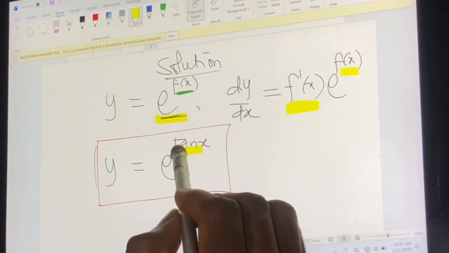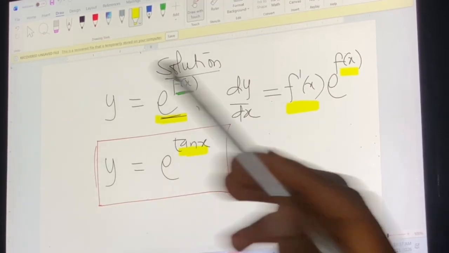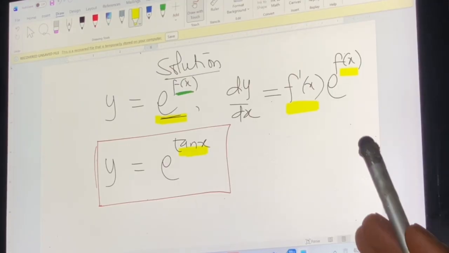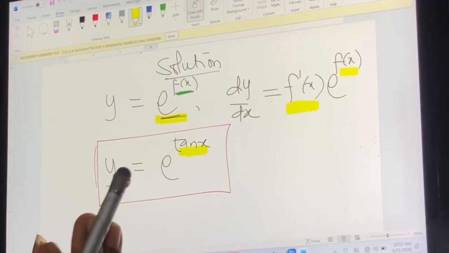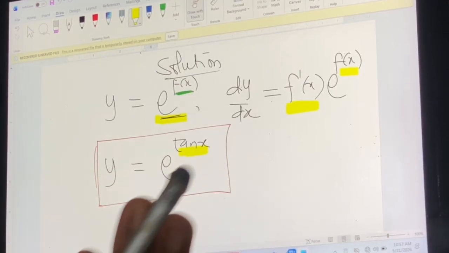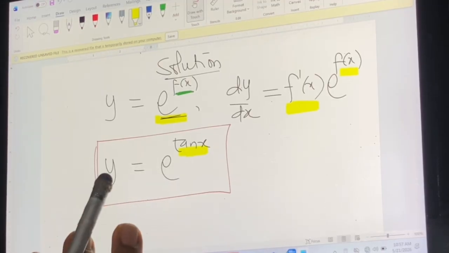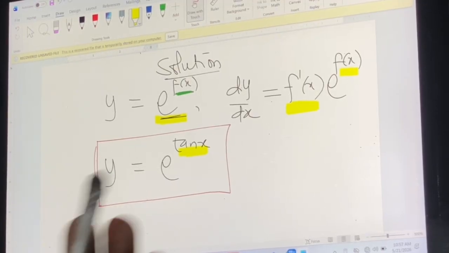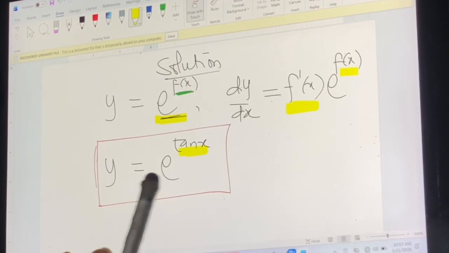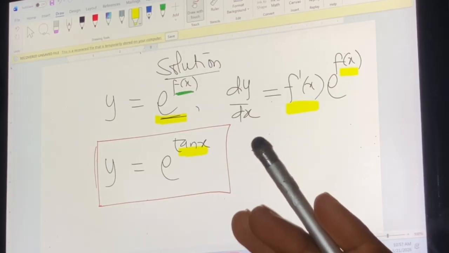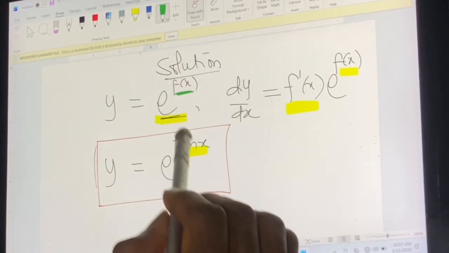So what is at the top is tan x. The question now is, how do we differentiate tan? Tan is a trigonometry function.